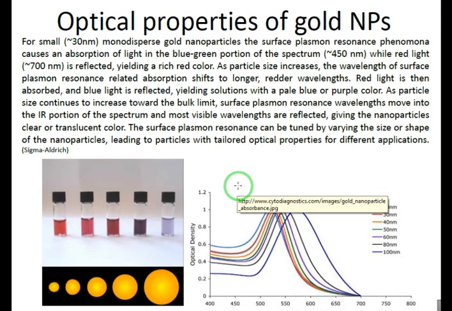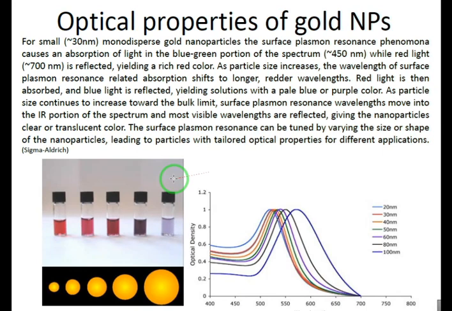Okay, the surface plasma resonance property that we introduced in the previous lecture is different for gold nanoparticles with different sizes. Okay, for the small gold nanoparticles, this SPR effect causes these nanoparticles to absorb the light within the blue and green portion, and as a matter of fact you will see the red light.